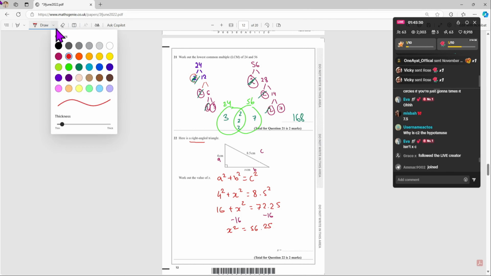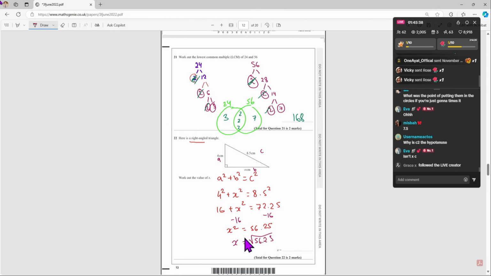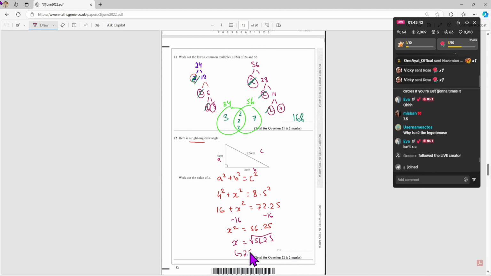And then lastly, you have to do the square root. So x is equal to the square root of 56.25, which will give you 7.5 as your final answer.